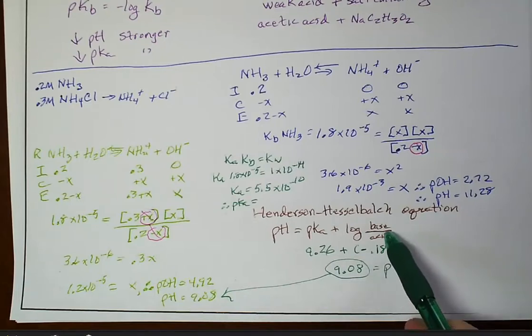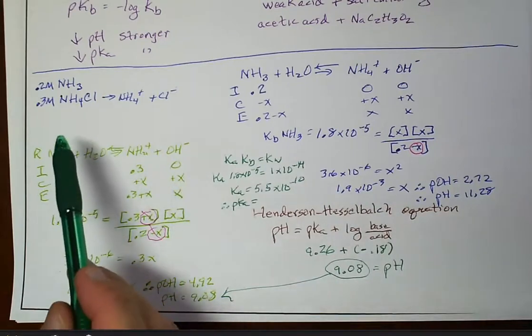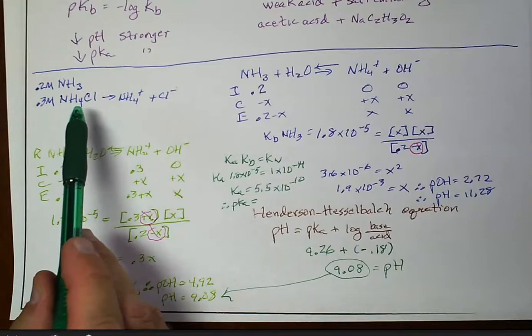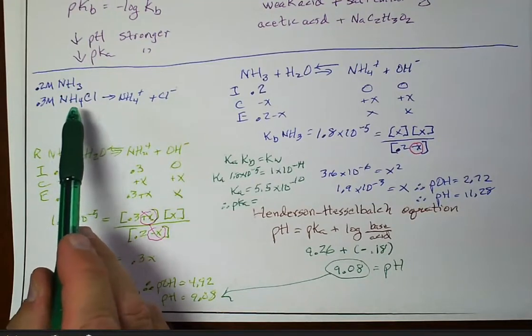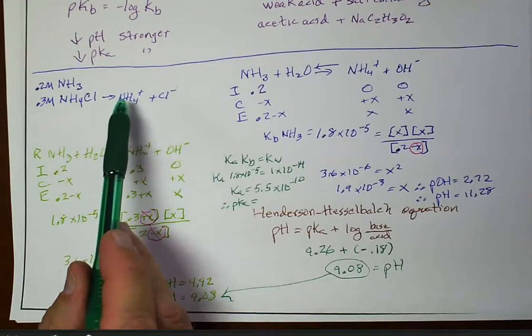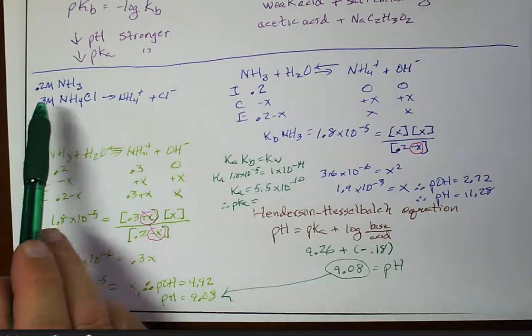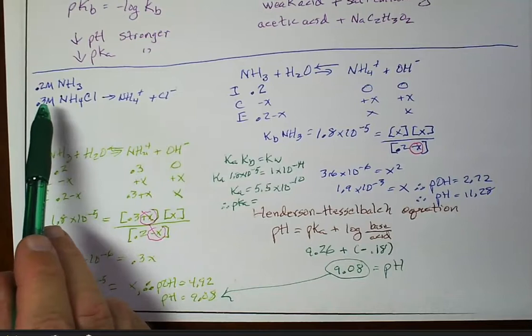Now, if you get confused, is it base over acid or acid over base? And I've seen this happen many times down through the years. Here's the way to think about it. What is ammonium compared to ammonia? Ammonium, NH4, is the acid. I've got more of the acid. More acid should lower the pH.